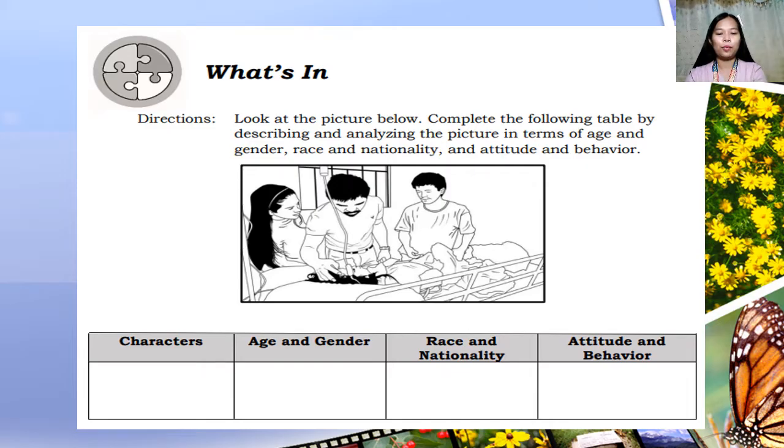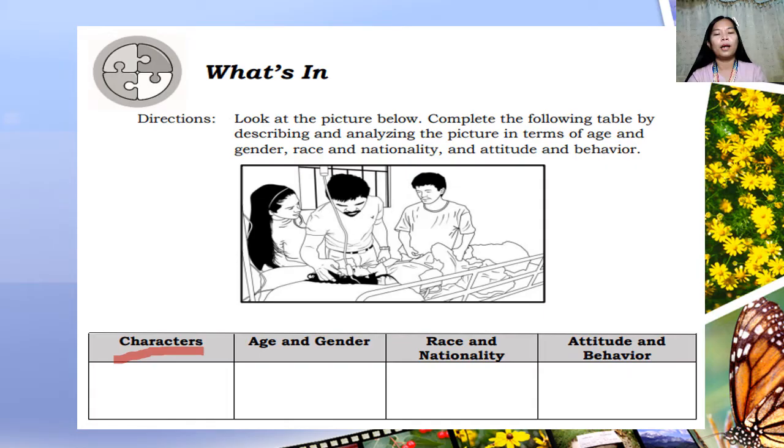So let's start with characters. When we say characters, who or what are found in the picture? If you know specifically the name of a certain person, if he or she is a celebrity, then you can write his or her name in that column.